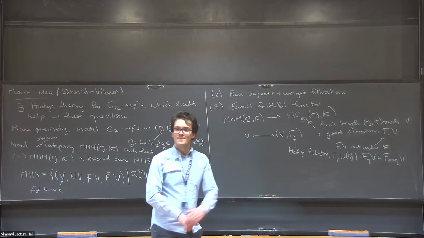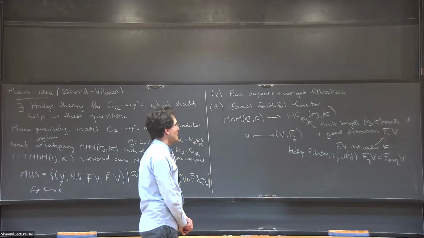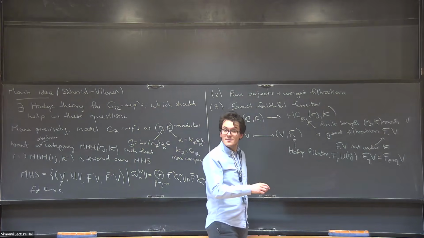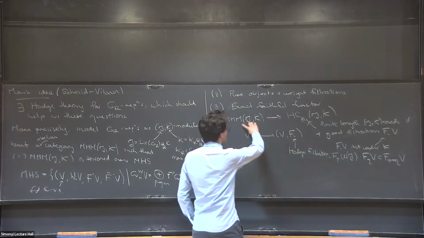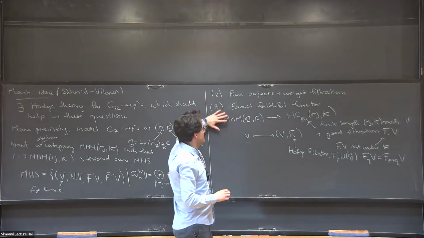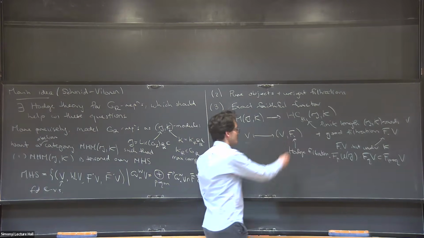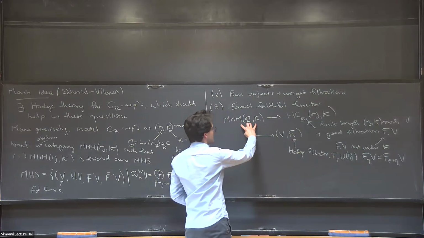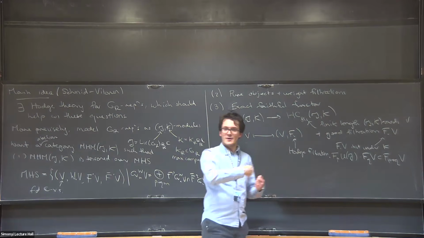Sorry, so it's not going to be V comma F, it's going to be U of G applied to V comma F or something? Is V on the right a Harish-Chandra module? Yeah. So maybe this is some poor notation. I'm going to use the same notation for the mixed Hodge module as for the underlying GK module, and then I will write F of that for the Hodge filtration. So this is a fancy way of saying the objects of mixed Hodge modules over GK have an underlying GK module which is equipped with a Hodge filtration.